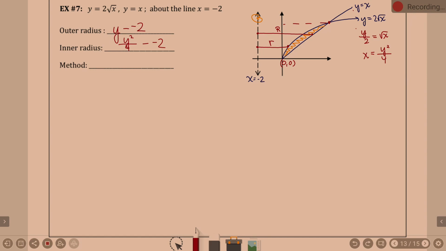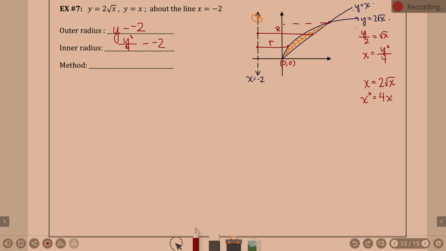My gut went to setting x equal to 2 square root of x. That was smart. But could you also set up the other way? You can, although it's going to end up similar. Square both sides, so then you have x squared equals 4x.